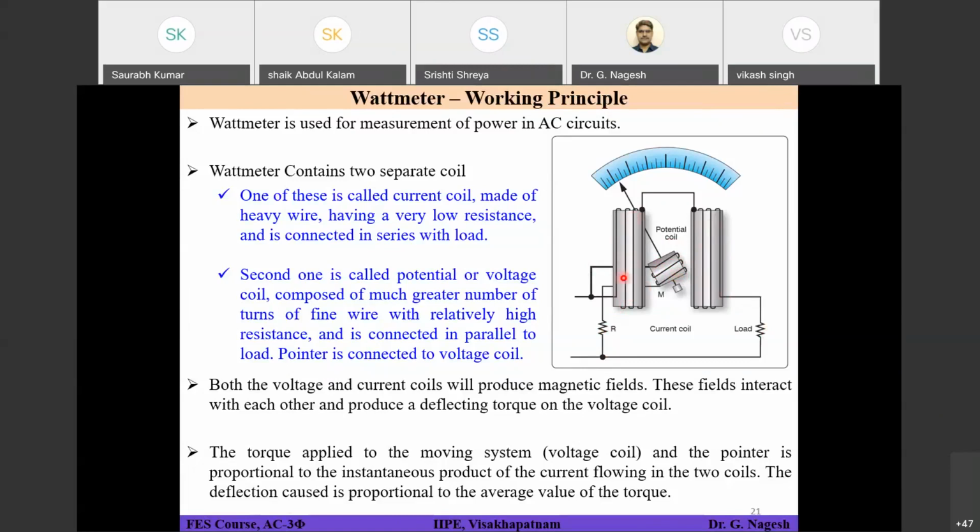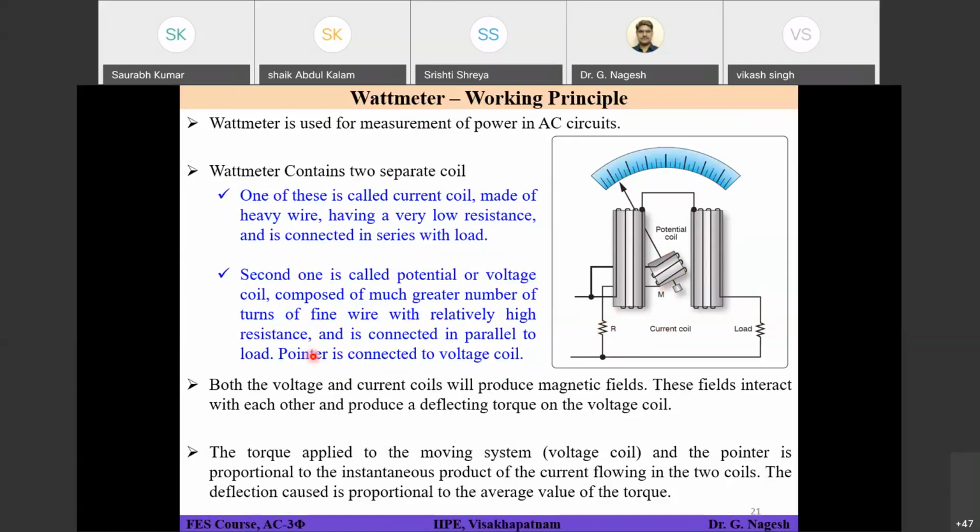This coil and this vertically big one, shown on the screen, are called current coils. They are connected in series with the load, and the potential coil is connected in parallel with the load with some resistance in the circuit. Clear? So the potential coil is connected in parallel to the load, and the current coil is connected in series with the load. And there is one more part called the pointer.